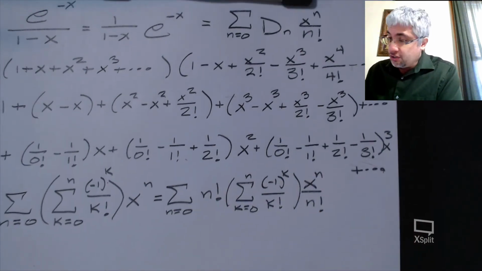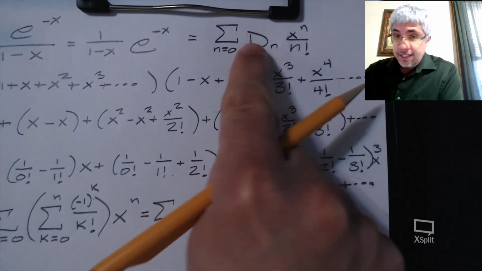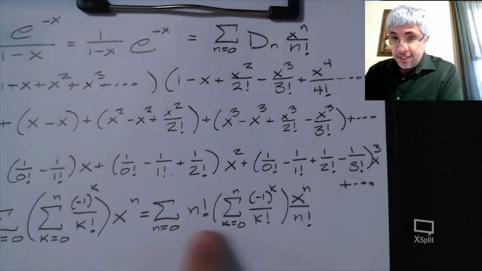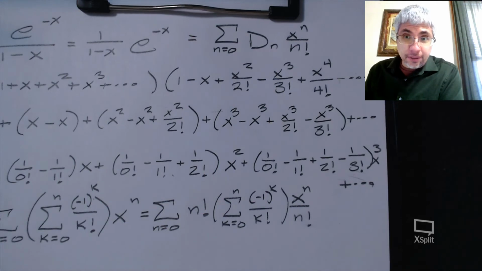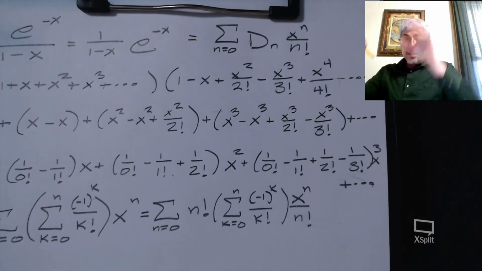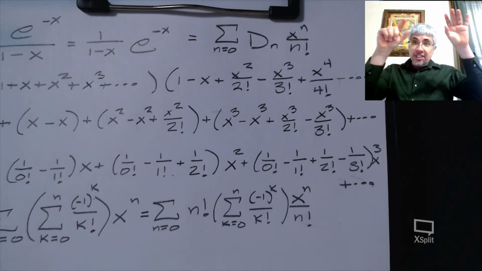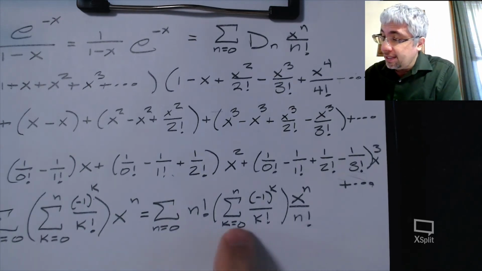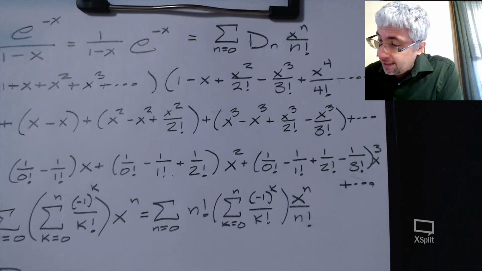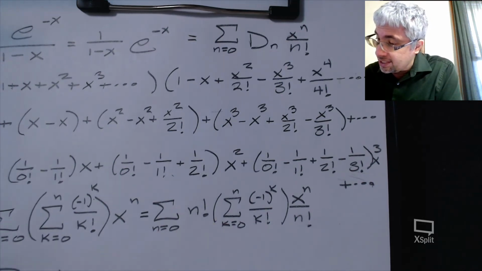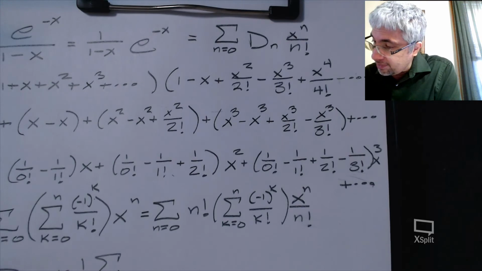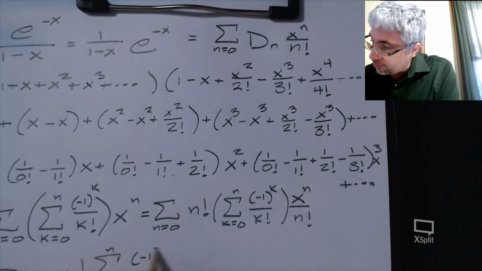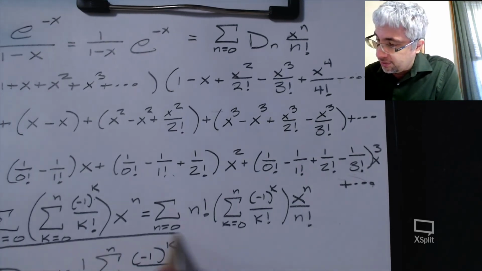Okay, so now I know that this thing over here is equal to this thing over here, and the only way for these sequences to be the same is if the coefficients of each of the x to the n are equal. And that must mean that d_n is equal to this thing, which is n factorial times the sum from k equals 0 to n of minus 1 to the k over k factorial.